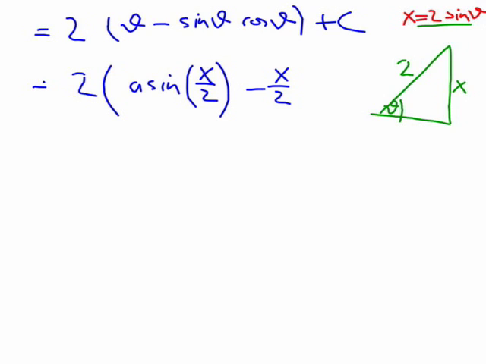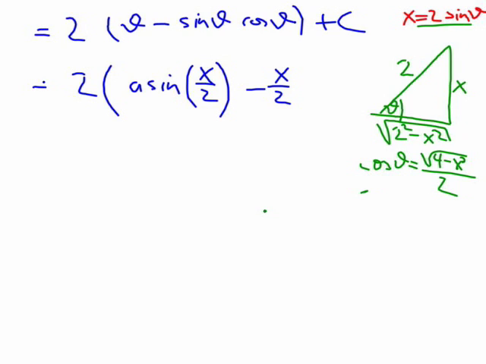Pythagoras' theorem tells us that the remaining side now has the length square root of 2 squared minus x squared, which is the square root of 4 minus x squared. So we can read off that the cosine of theta is the square root of 4 minus x squared divided by 2.